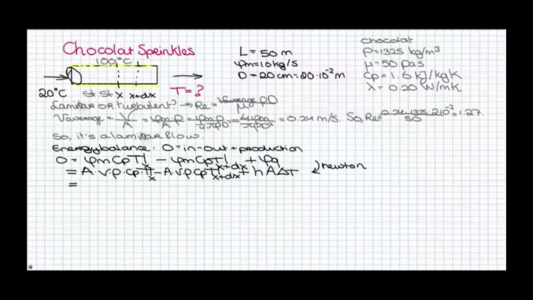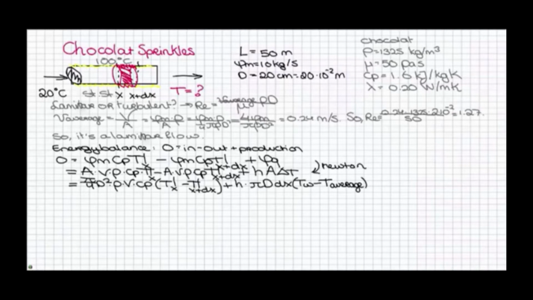Besides, the inlet and outlet of heat enters through the surface area of the tube, which is 1/4 π D squared, and the heat of the wall that enters the tube is transferred to this area, which is π D times the small length dx. Delta T is of course the wall temperature minus the temperature of the chocolate itself. This brings us to this equation.